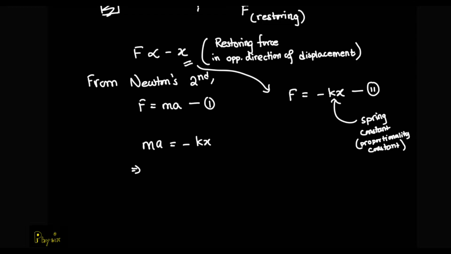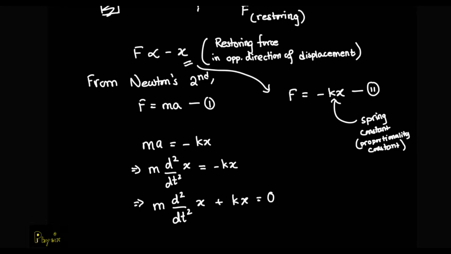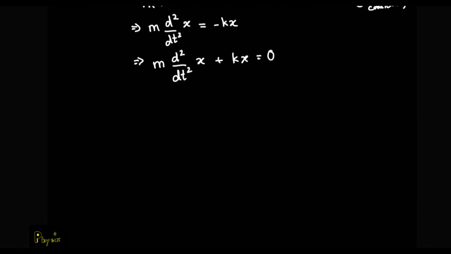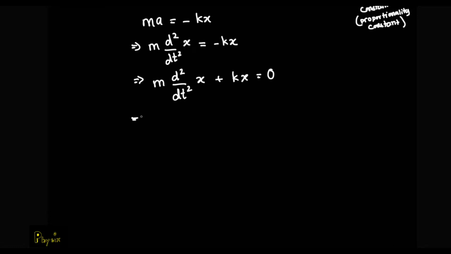Now you see over here, acceleration is basically the second derivative of the displacement function. So we could also write this down as m d²x/dt² equals negative kx. Now if we divide both sides by m, we end up with d²x/dt² equals negative (k/m)x.